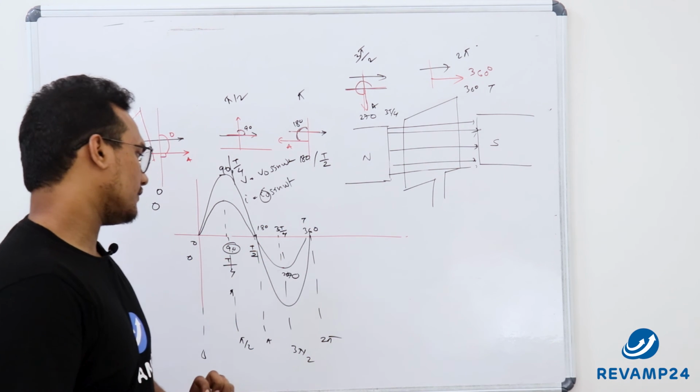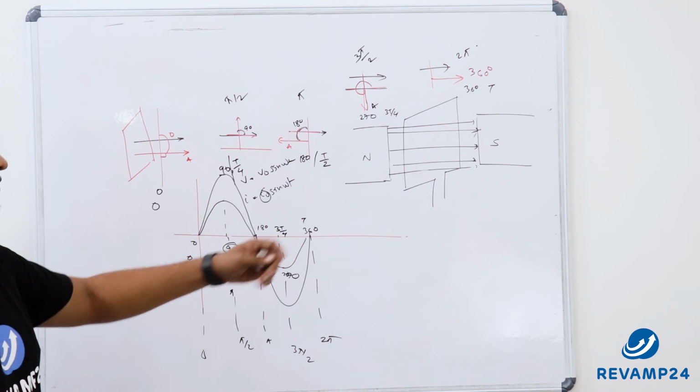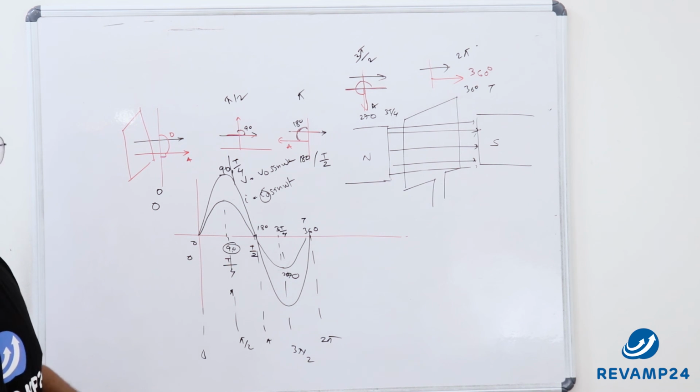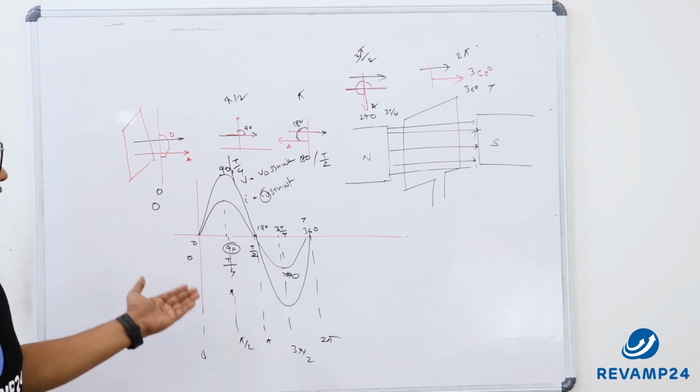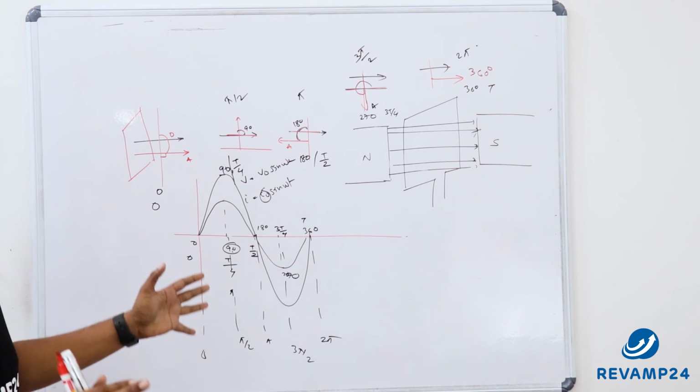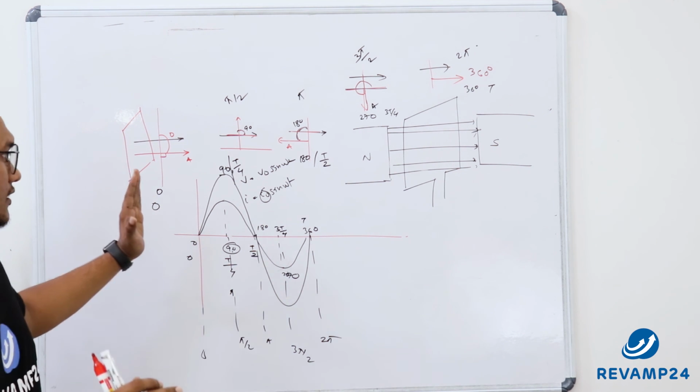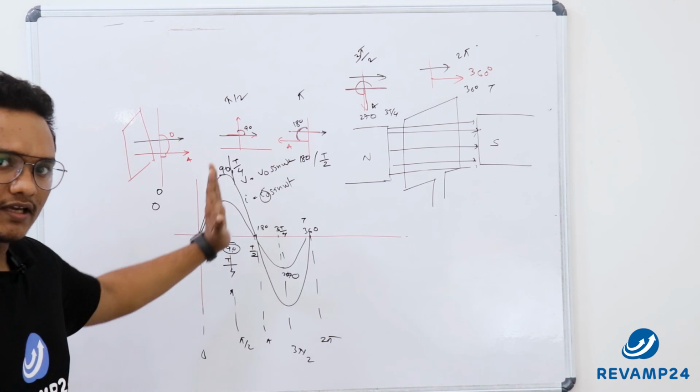Any of these representations you can learn. Sometimes it would be asked in radians, sometimes in degrees, sometimes in time period. So this one is very, very important, the variation of voltage and the variation of current.